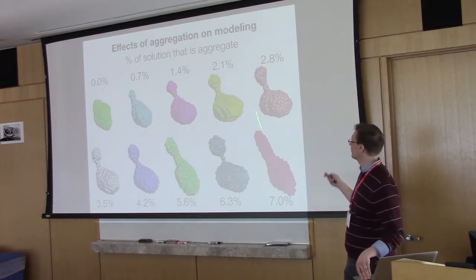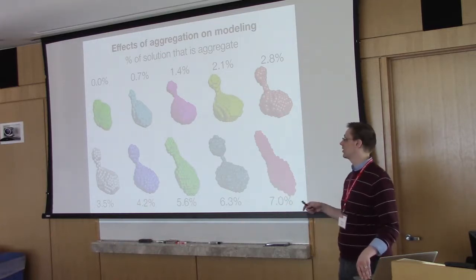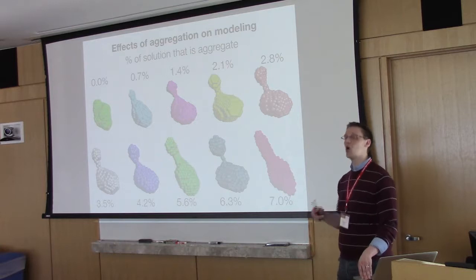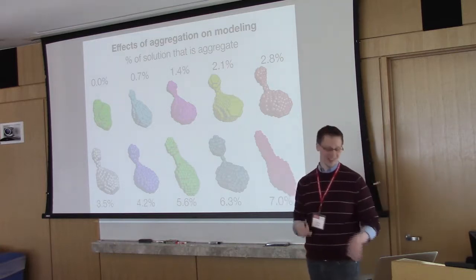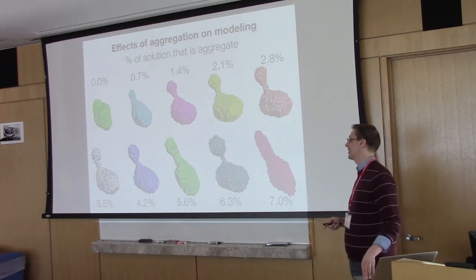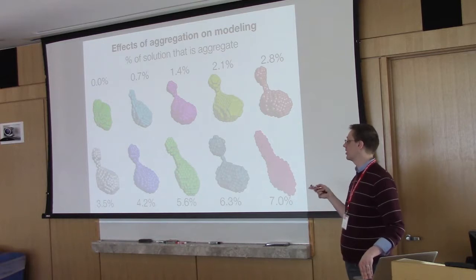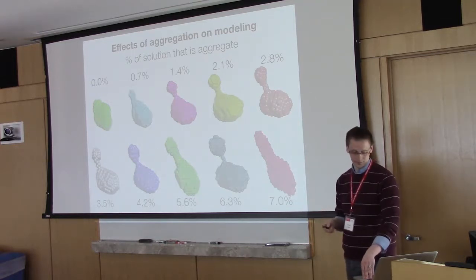When people run their SAXS reconstructions and see these types of things, they're like, oh, it's a multi-domain protein and it's flexibly linked. This is fantastic, I'll get a paper. And it turns out, no, you're just looking at what's not there. It's just a function of aggregation. So you want to make sure that your sample is really pure.